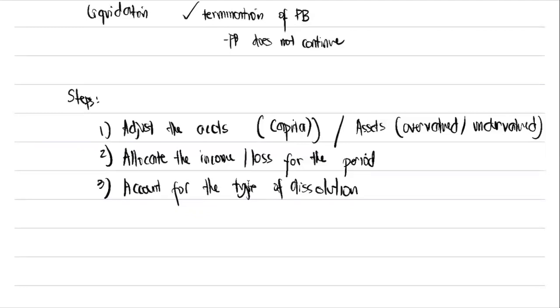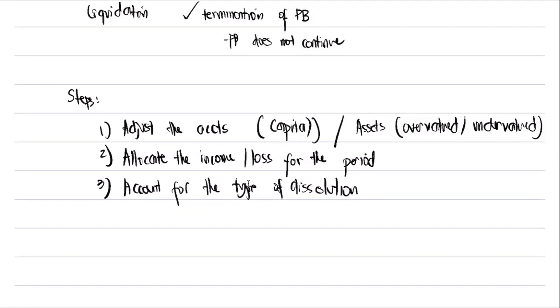First, we adjust the accounts. When we say we adjust the accounts, we look into your items of assets that are either overvalued or undervalued relative to your capital. Meaning, if your asset is overvalued, you need to decrease it, therefore your capital will decrease. If your asset is undervalued, you need to increase it, then your capital will also increase. So again, you need to adjust the accounts.